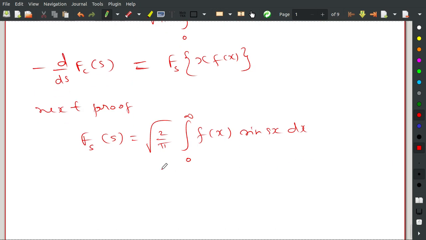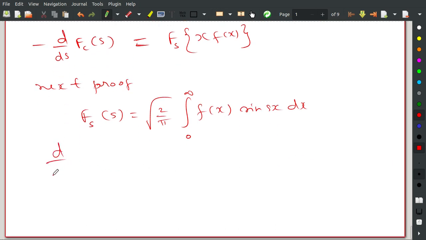Okay, here also I am going to differentiate with respect to s on both sides. Therefore we have d by ds of f of s equal to root 2 by pi, and since the integral is with respect to x, we can take this ds inside.